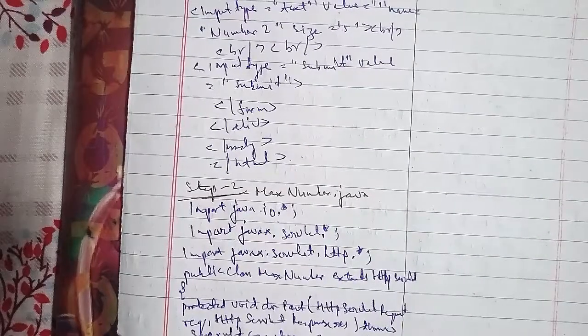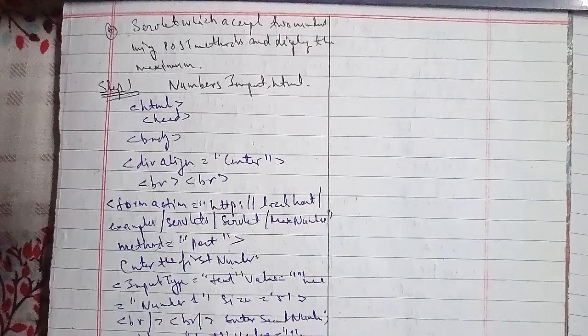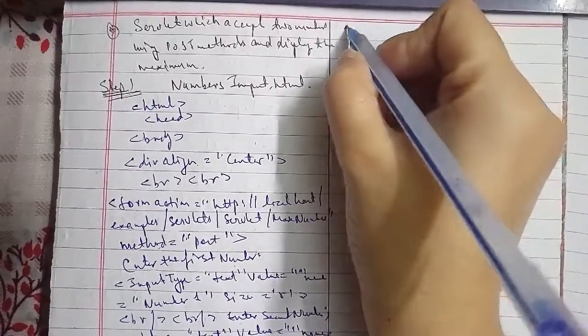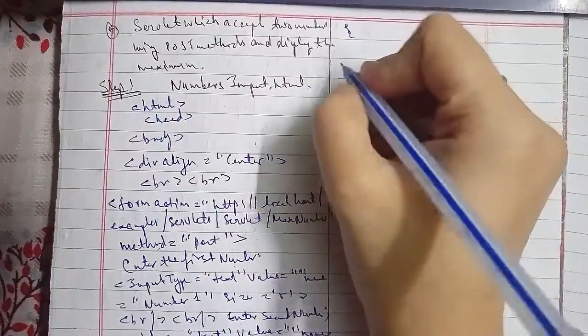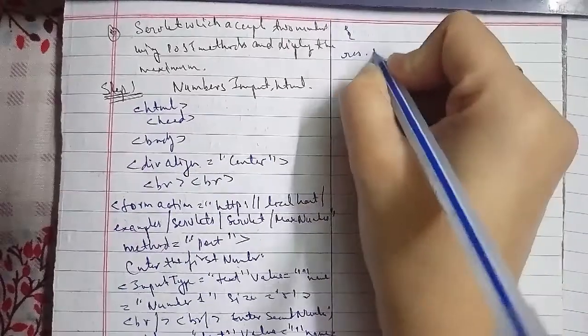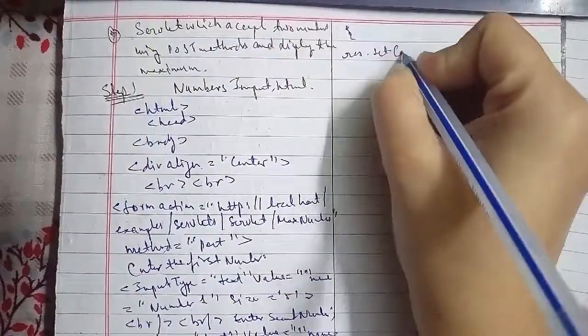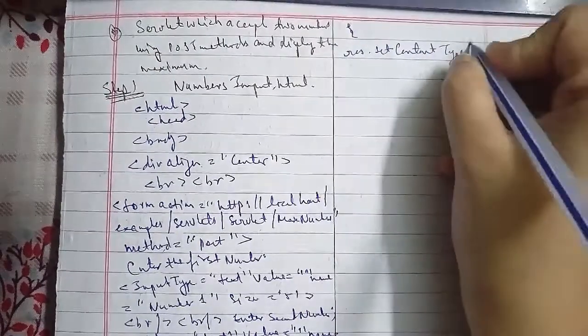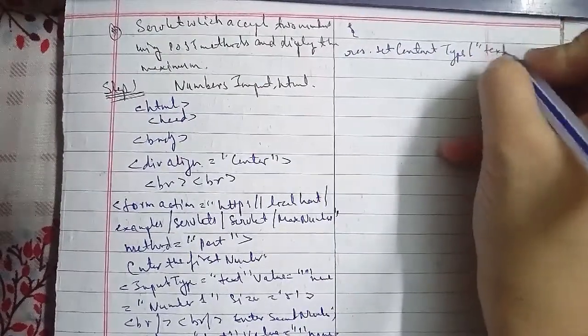then int b equals Integer.parseInt(req.getParameter number2).